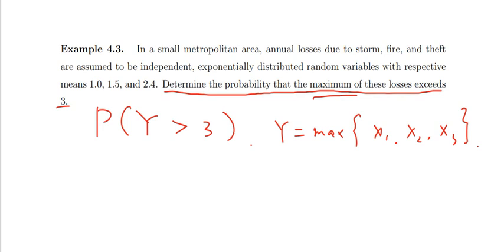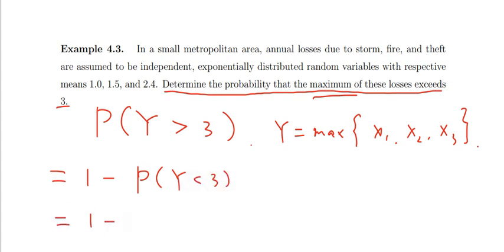So y larger than 3, the maximum larger than 3. For the maximum, we should use less than, right? If the maximum, the largest one, is less than this, then each one should be less than this, right? So for this probability, we use 1 minus P(y less than 3).